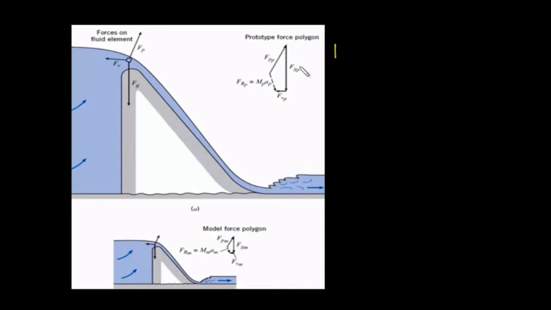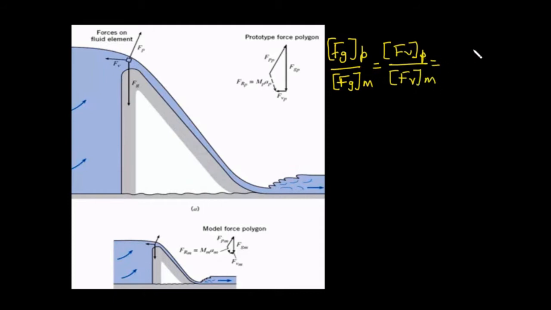Now a model and prototype are said to be dynamically similar when the ratio of all the corresponding forces in the force polygon is the same. So Fg of prototype divided by Fg of model should be equal to the Fv of prototype divided by Fv of the model, and the same ratio should be followed by Fi in the prototype to the Fi of the model.